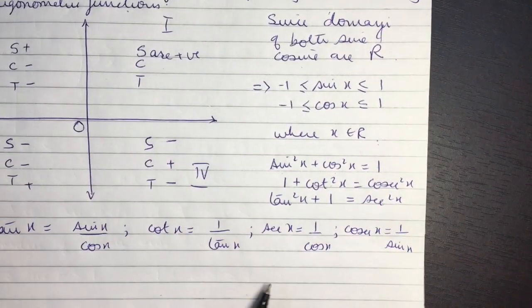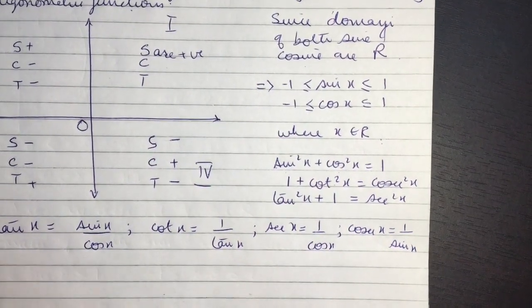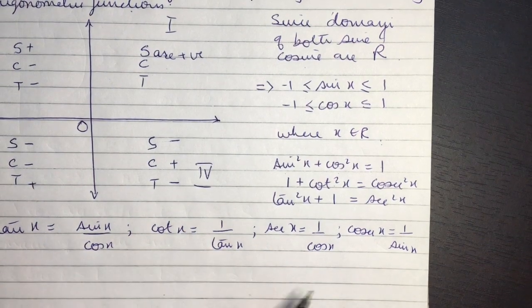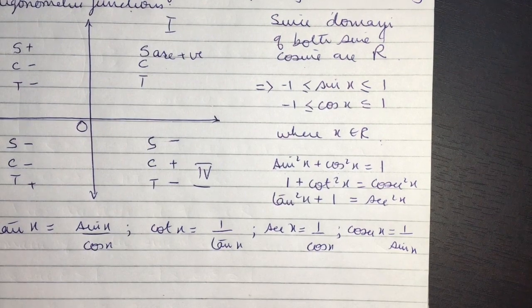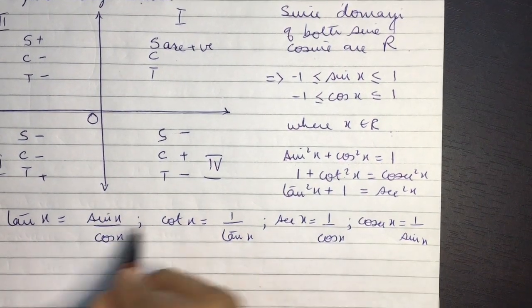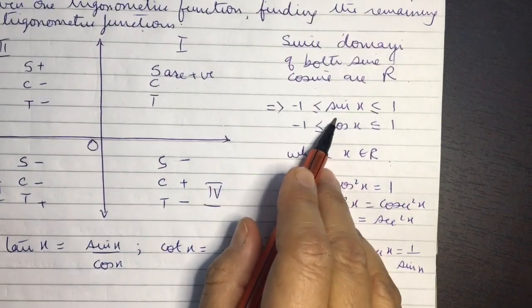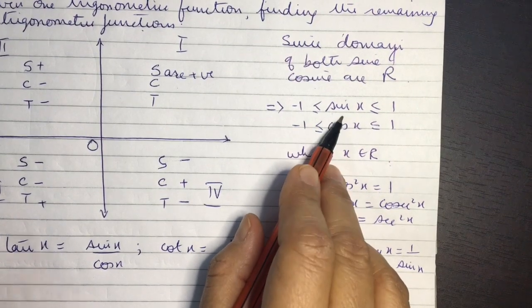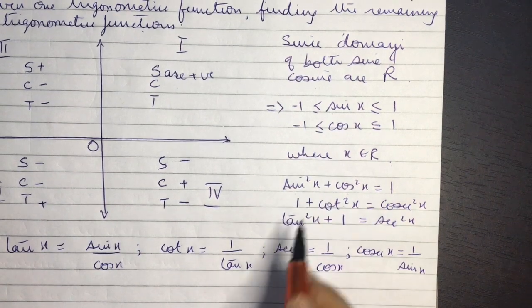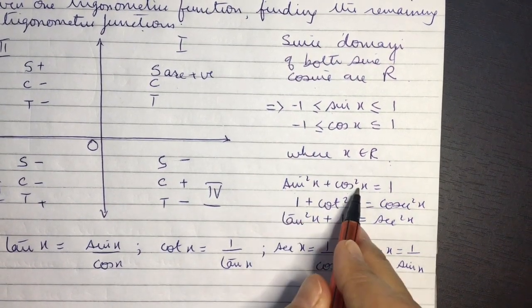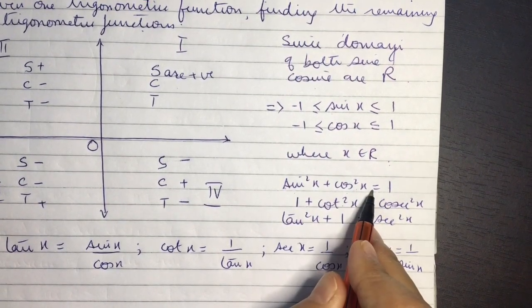So these are the various things which we have seen, which relate all the 6 trigonometric functions with each other. Now, suppose you are given any value of, let's say, sine. Using that sine you can find cos using this.